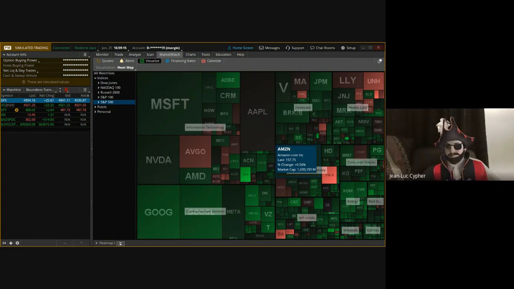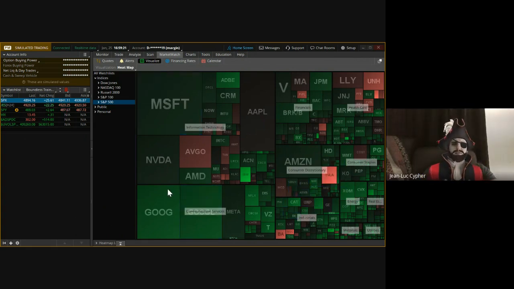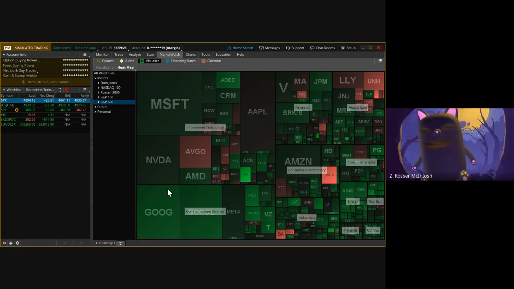So market cap is another term. Do you know what market cap means? How much your stock can be worth at a maximum? No. Market cap is the price of the stock multiplied by the total number of shares.